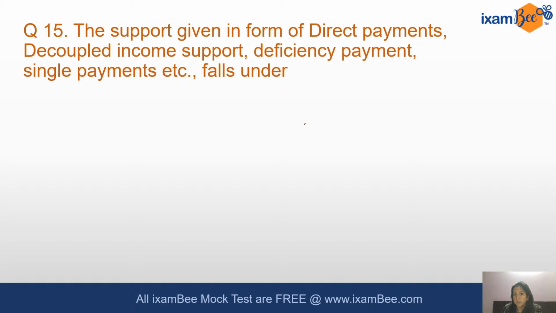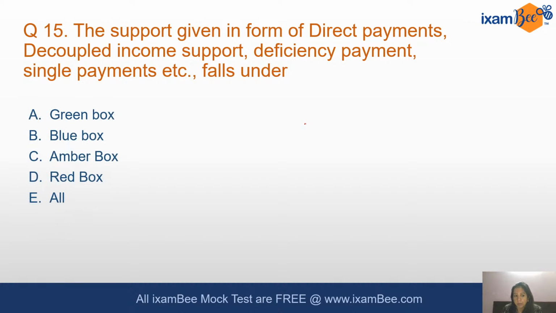And the next question that is quite interesting, that the support given in form of direct payments, decoupled income supports, deficiency payments, single payments, etc. falls under which box? Green box, blue box, amber box, red box, or all? Yes, Ranjan, Geeta Gopinath is chief economic advisor.